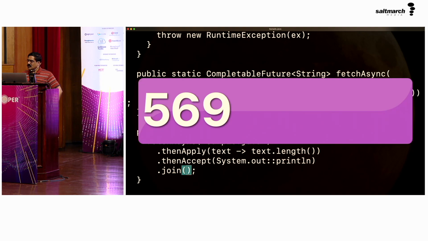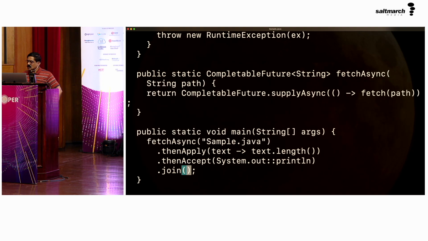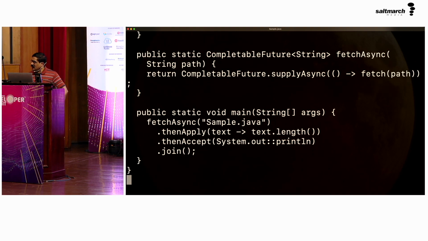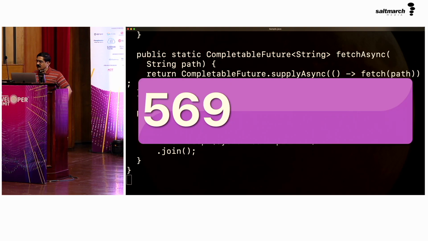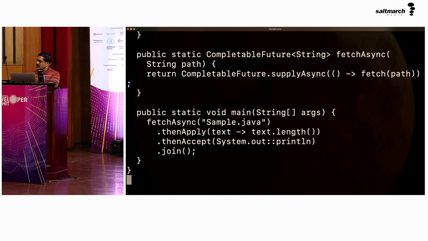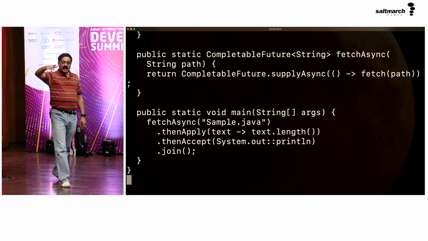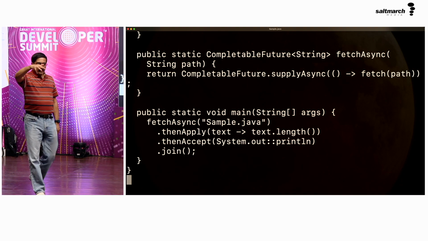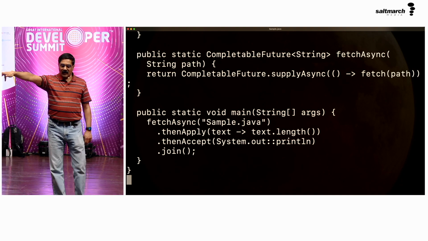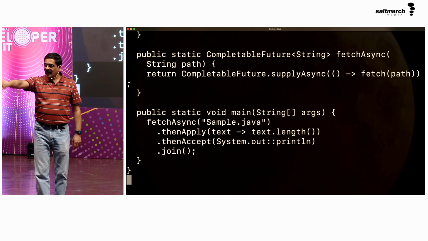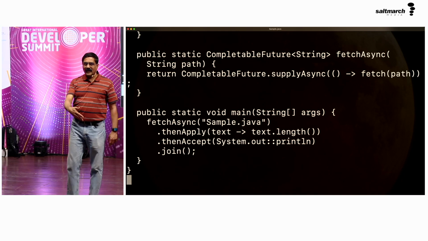And that's the result you got from there because you joined on it. So that is asynchronous, right? It's non-blocking. It fired, and of course, the sequence of thread that's executing it says, I am going to now go get the data and then call the thenApply, get the length, and then I'm printing it.